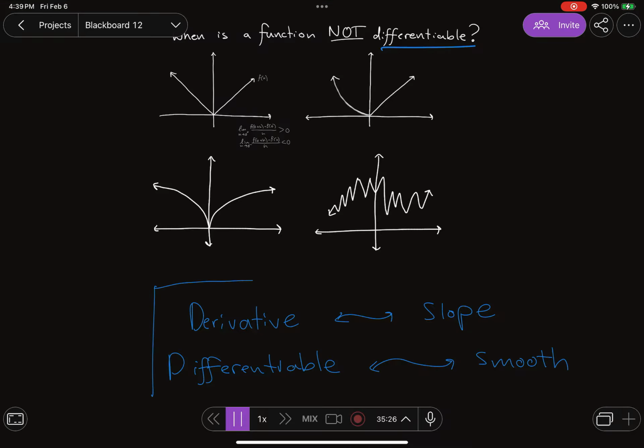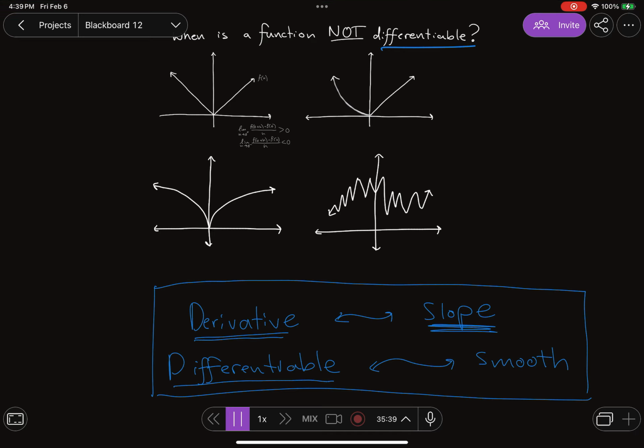This box, really, really important. Understanding the derivative, so this is a noun, and this is an adjective. So the noun version of the derivative really is associated with the noun slope. Differentiable is an adjective of a curve, and when we say a curve is differentiable, we really mean that the curve is smooth. If the curve is not smooth, then it's not differentiable.